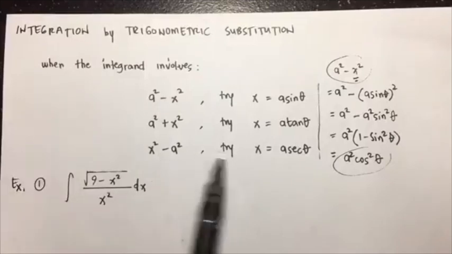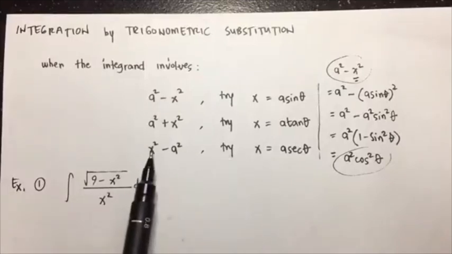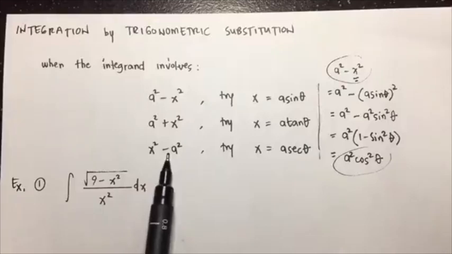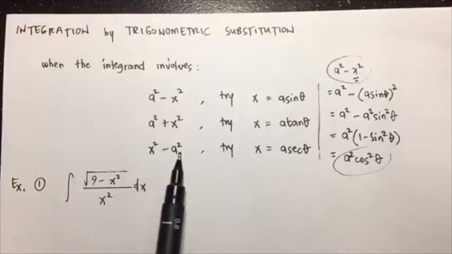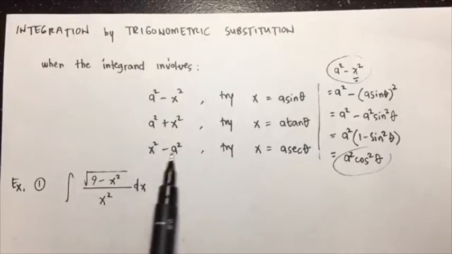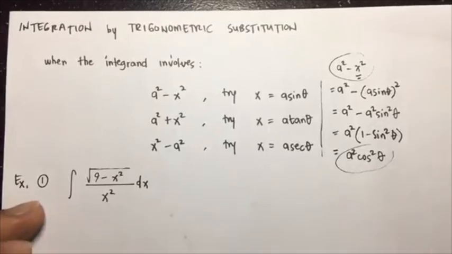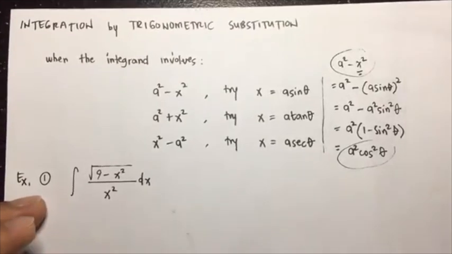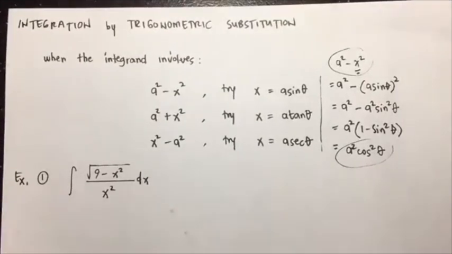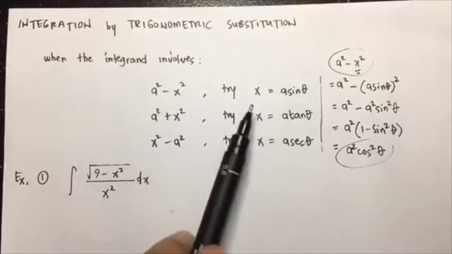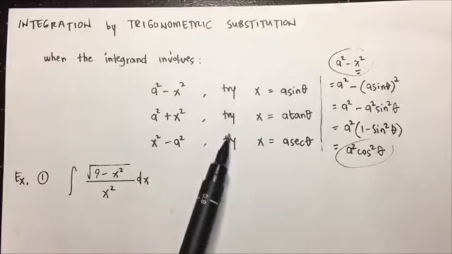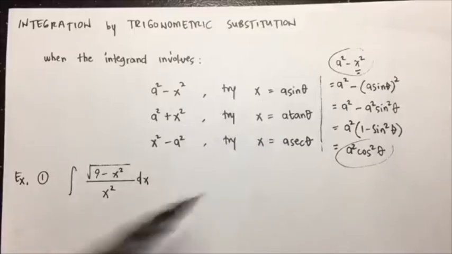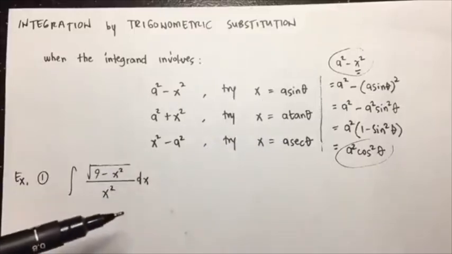And here, this will become a squared minus a squared times secant squared theta minus 1, so this part will become a squared tangent squared theta. So that's the reason why they suggest to use these substitutions, because it is supposed to simplify the integrand.